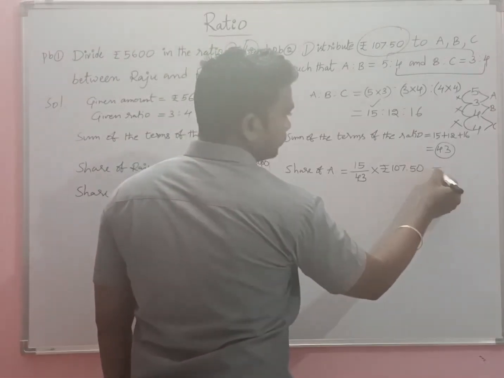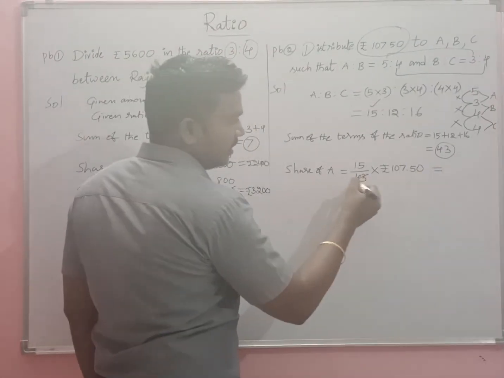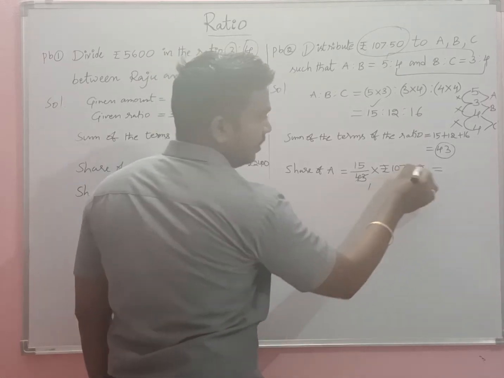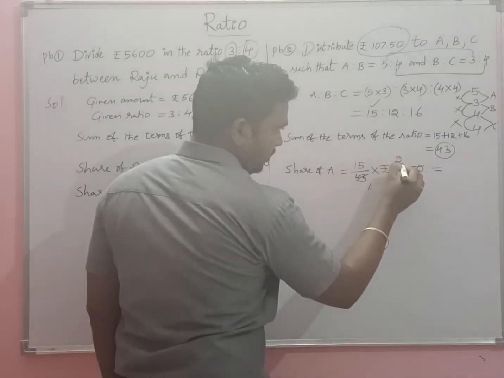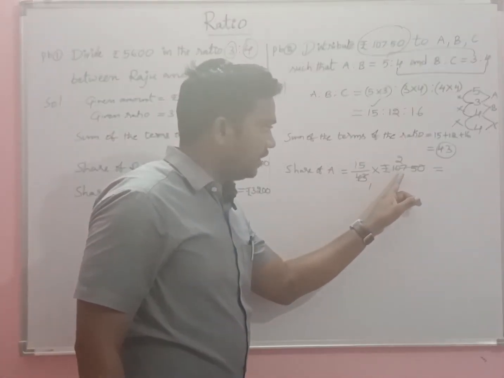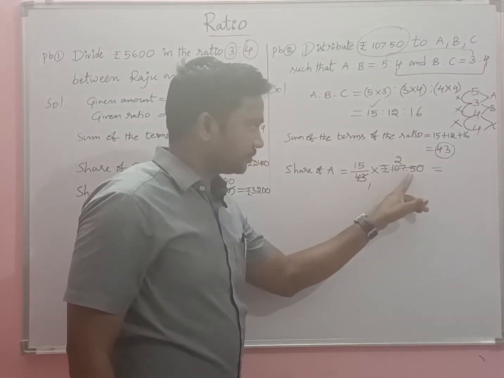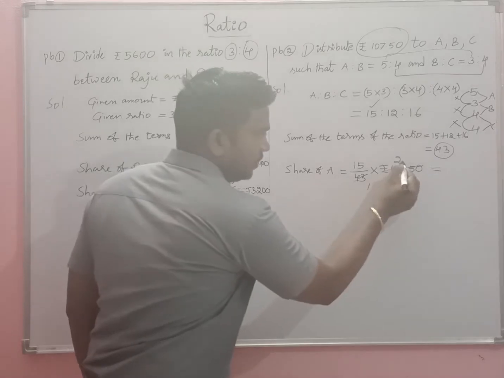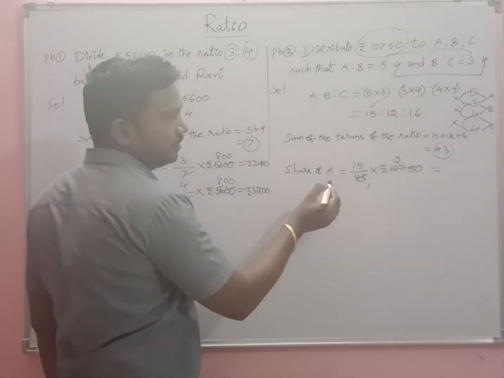So 43 ones are 43, 43 twos are 86, and then here 21.5.